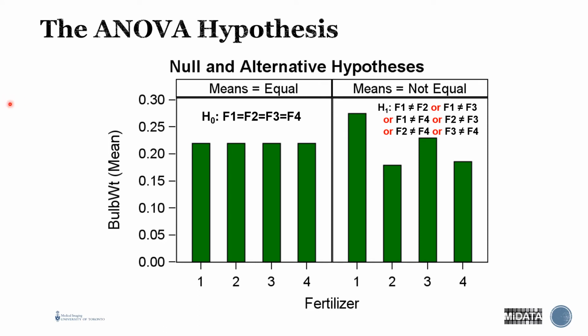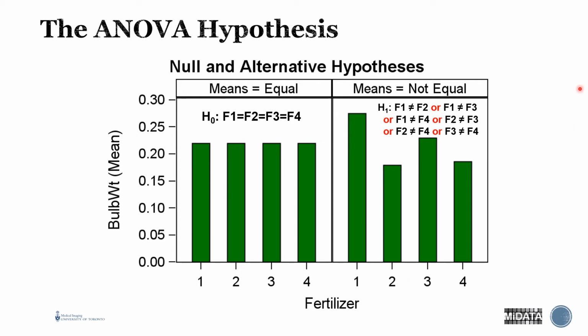So what are the hypotheses used in a one-way ANOVA? Well, you'll remember the null, of course, means that there is no statistically significant difference between the means of your group variable levels. In this case, we're using a fertilizer as your group variable. There are 4 different types of fertilizers, and your outcome is bulb weight in tulips, let's say.